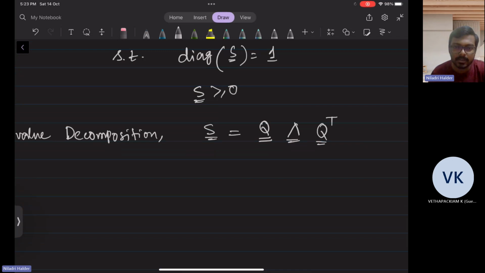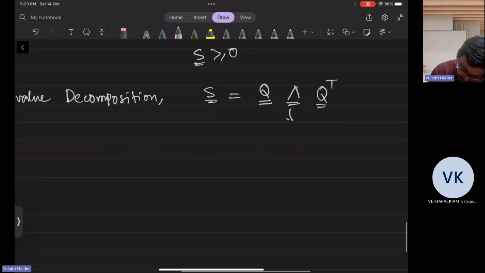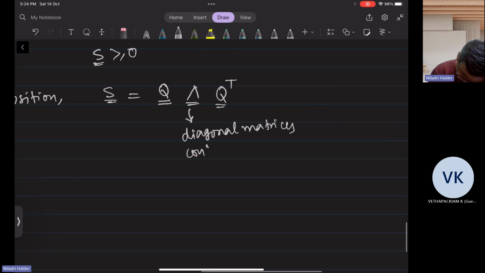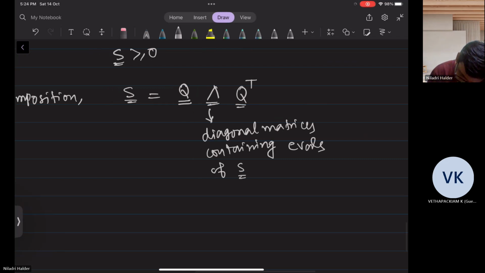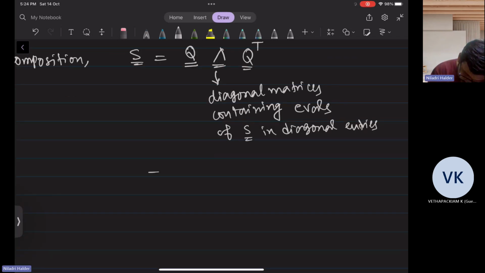Here Q is a matrix, and lambda is the diagonal matrix containing eigenvalues of S in diagonal entries. Okay, so then this can be written as the sum over i equals 1 to n plus 1 of lambda i q i q i transpose.